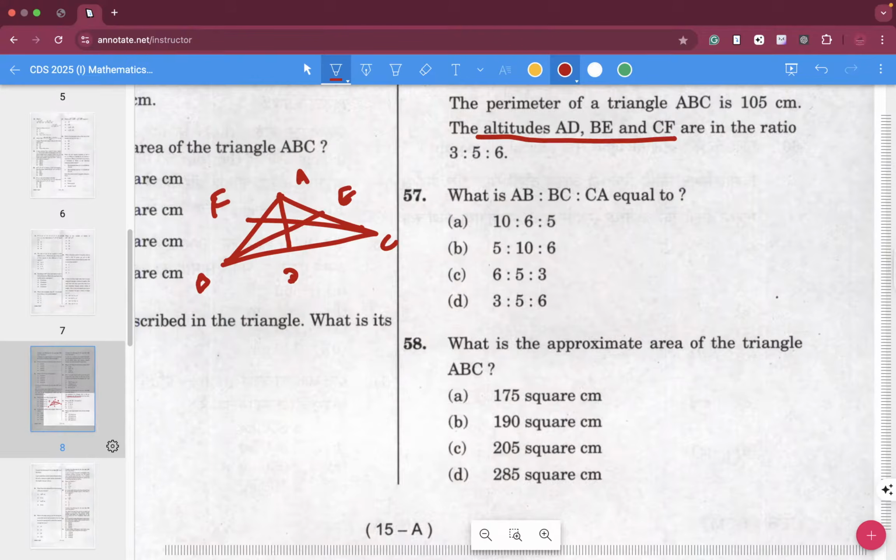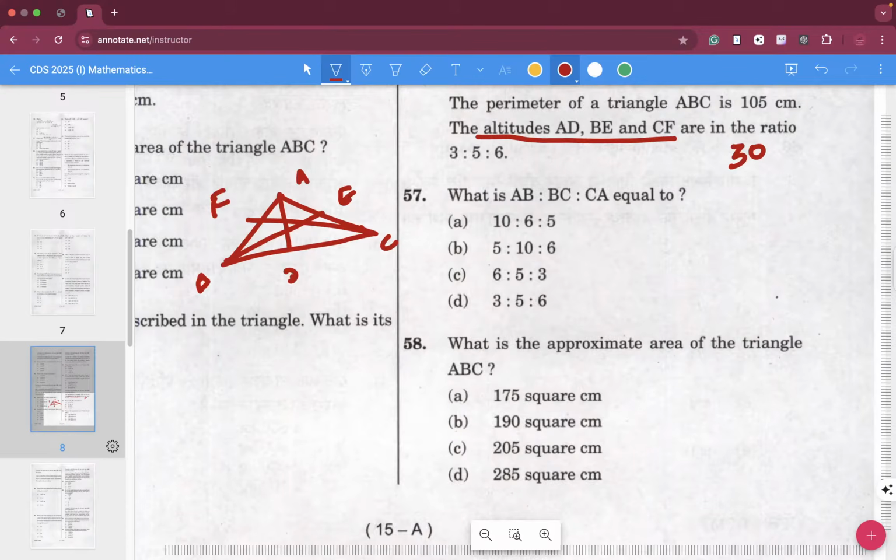Can I simply assume the area of the triangle is 30?